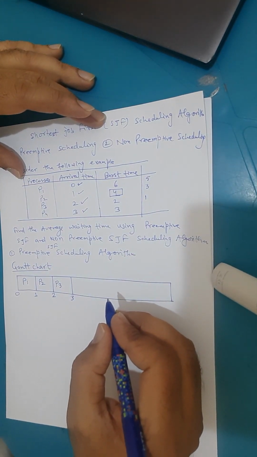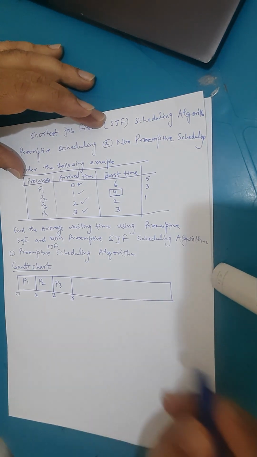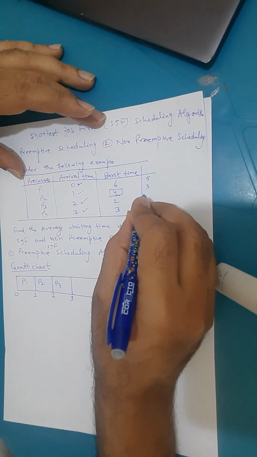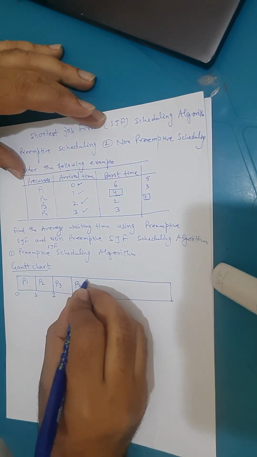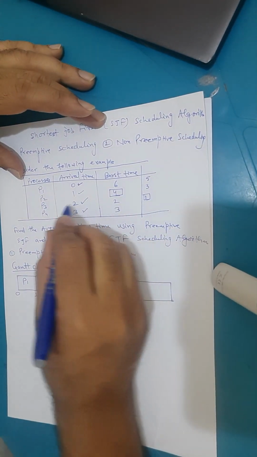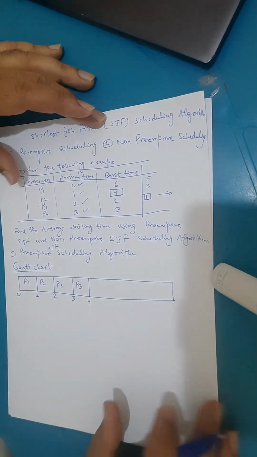So at 3 time all the processes enter into the system, P1, P2, P3 and P4. So which process has the shortest burst time? P3 has the shortest burst time. Okay, so P3 will execute again. P3 will execute up to 4, right? And P3 will exit from the system.